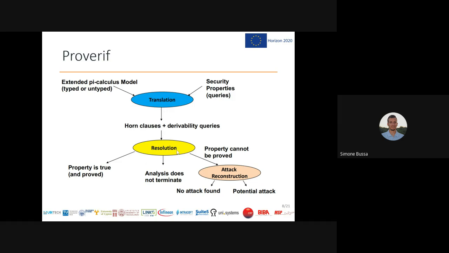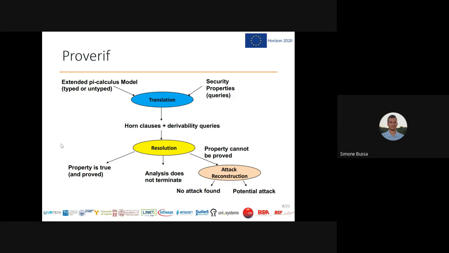ProVerif can return different outputs. For example, it can return true if the property holds. If it has found the correctness proof for a property, it returns true, but the proof is not released, it is kept internal to the tool.